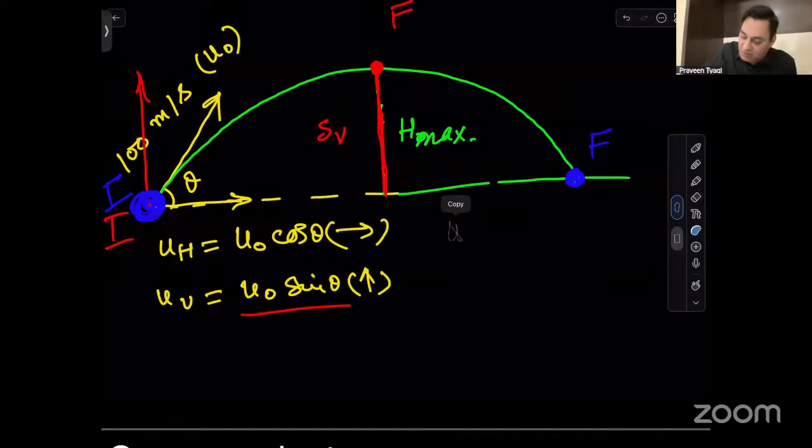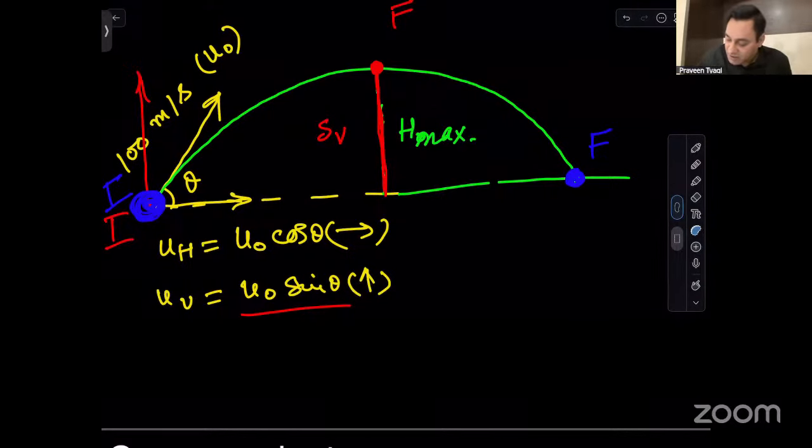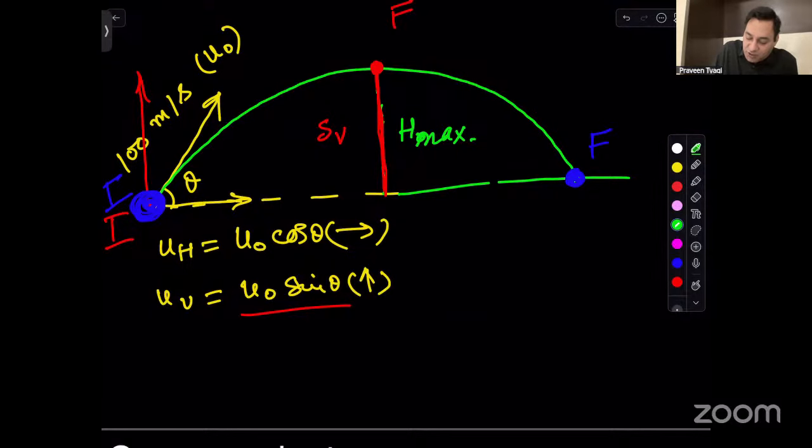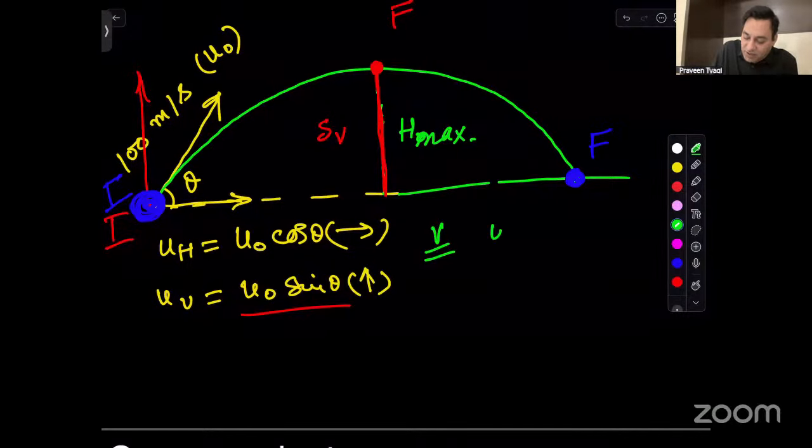Now, initial vertical velocity for vertical motion. Initial vertical velocity is u naught sine theta upwards.